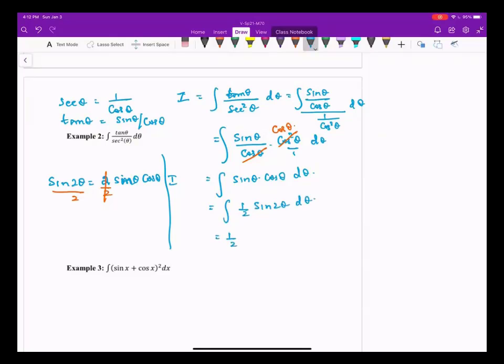You can take the 1/2 out: 1/2 times the integral of sine 2 theta d theta. You know that the integral of sine 2 theta is negative cosine of 2 theta over 2 plus c. That is negative 1/4 cosine of 2 theta plus c.